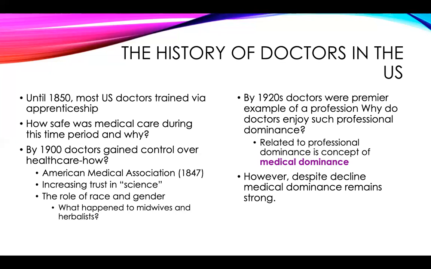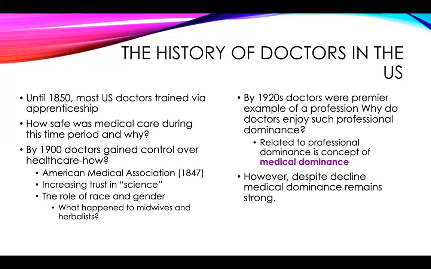So these herbalists, these traditional practitioners, these midwives, they fell out of favor, and found themselves pushed to the outskirts of healthcare, because it's during this period that we start to see the true establishing of this medical dominance.